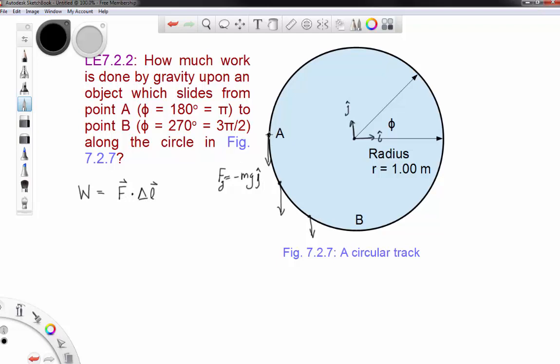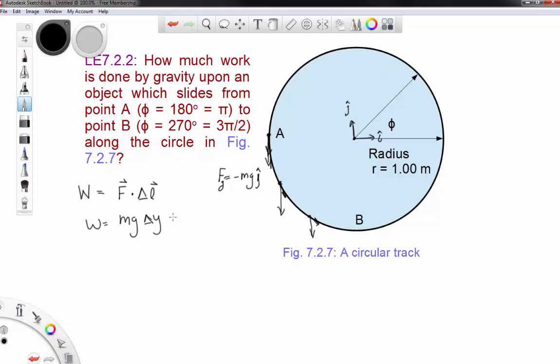no matter what delta L happens to be, it's always tangent to the circle. So here delta L is like this, here delta L is more like this, and then here delta L is more like this. You notice that this angle is changing, but if you take j hat and dot it with all these things, what you end up with is only the j hat component of delta L. So this is basically going to be mg times L sub y, which is just another fancy way of saying delta y.